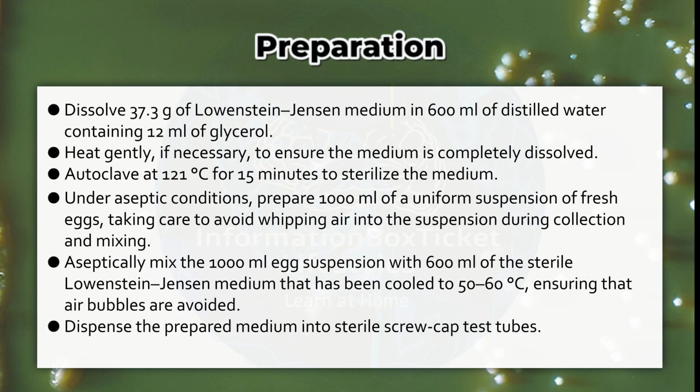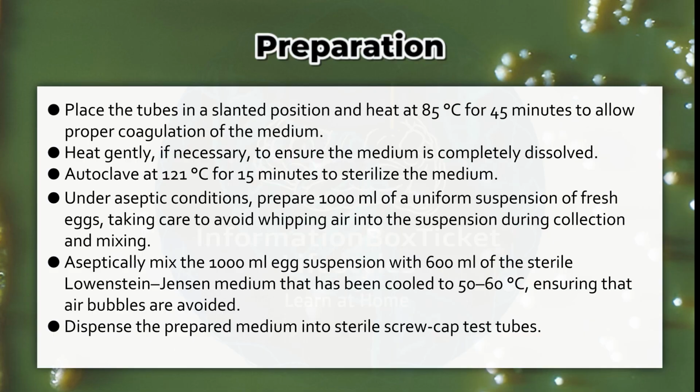Dispense the prepared medium into sterile screw cap test tubes. Place the tubes in a slanted position and heat at 85 degrees Celsius for 45 minutes to allow proper coagulation of the medium.